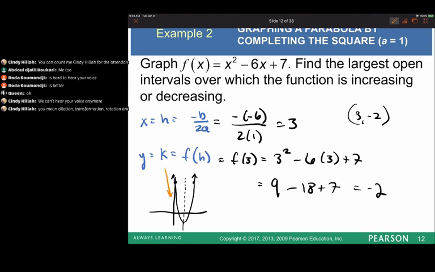So it's going down from negative infinity up to when x is what value? When x is 3. So it's decreasing from negative infinity up to 3. Infinity always gets a parenthesis, and in this case 3 gets a parenthesis as well. We usually just use open intervals whenever we talk about increasing, decreasing, or constant.